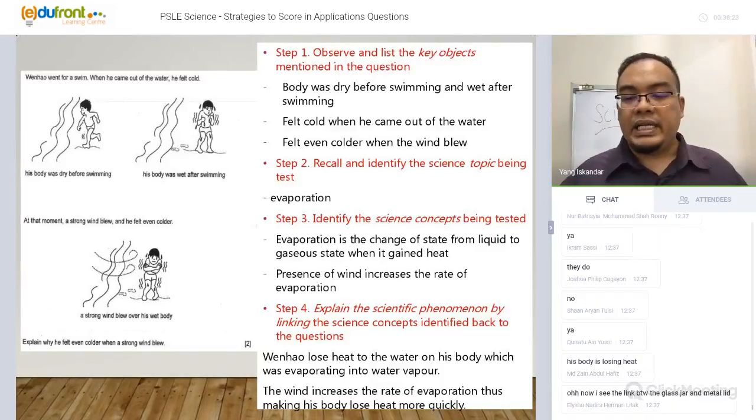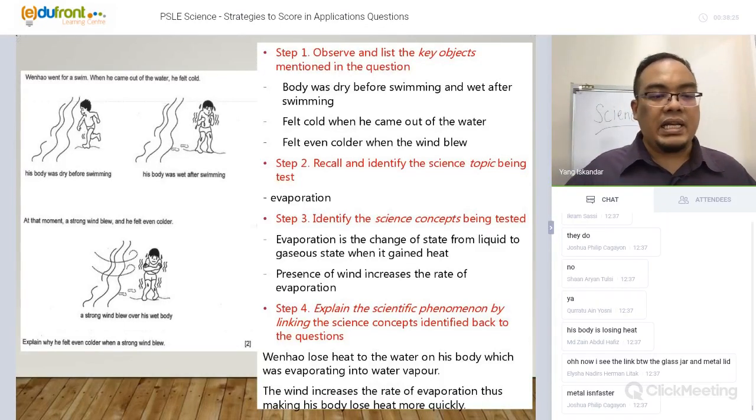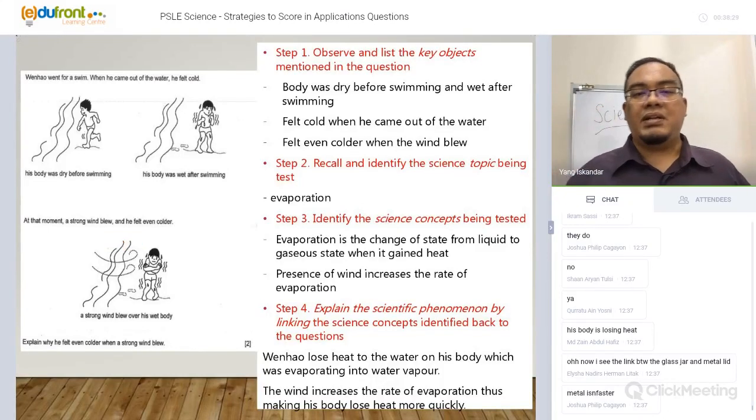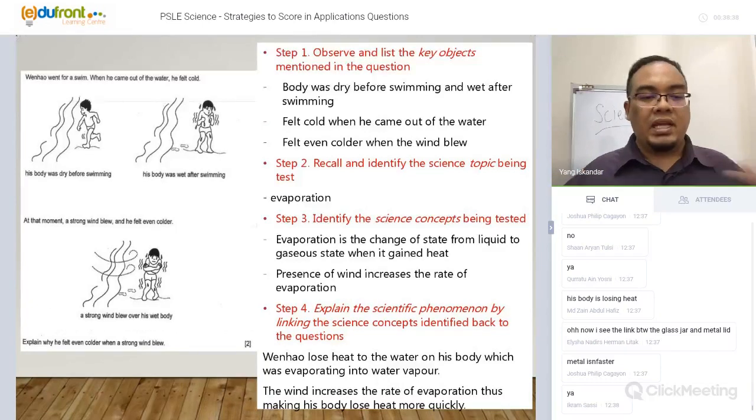He was shivering, right? Then the second part: at that moment, the strong wind blew and he felt even colder. I think all of us have experienced that also, correct or not? We want to have a towel or go indoors so that we can wipe the wet droplets of water.